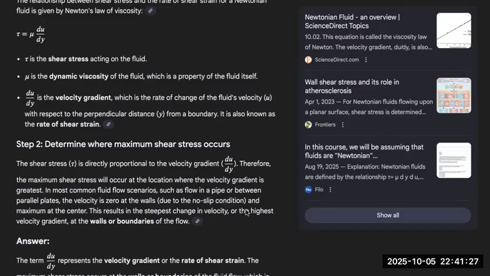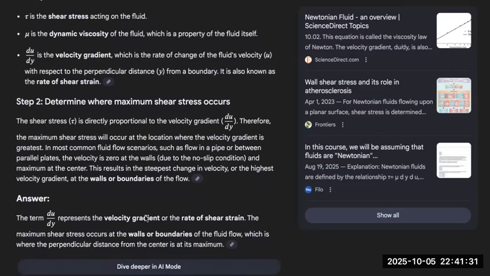So it's usually at the walls or boundaries of the flow. Yes, du over dy represents the velocity gradient or rate of shear strain. The maximum shear stress occurs at the walls or boundaries of the fluid flow, where the perpendicular distance from the center is at its maximum. So we can apply that to our problem.